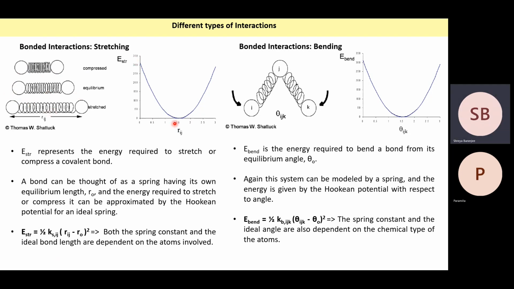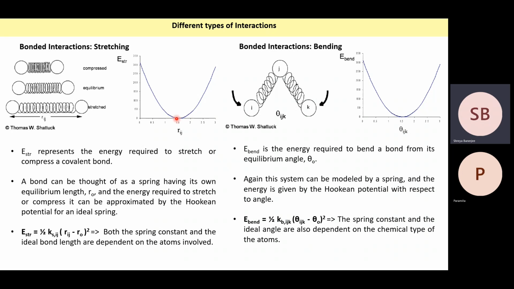This is a graph in which on the x-axis you have the distance between the two atoms, and on the y-axis you have the energy of stretching, which represents the energy required to stretch or compress a covalent bond. There is a certain distance at which the energy is minimum, and that is the equilibrium bond length. That is the bond length that is most stable and which generally exists in the molecule.